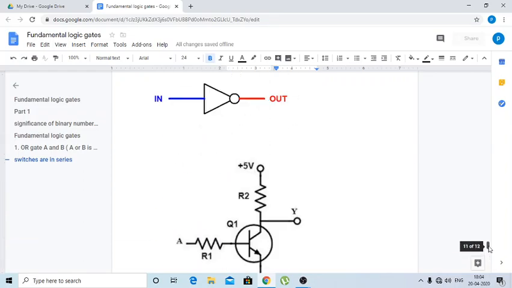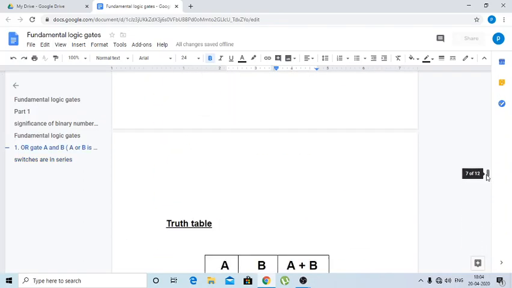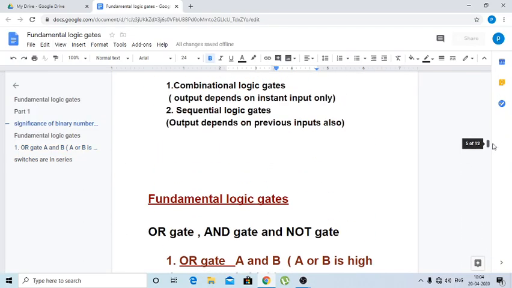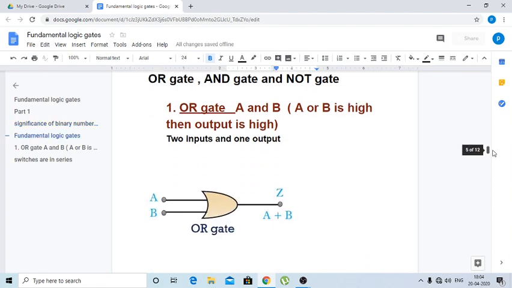So students, just have a recap of all the three gates. We have three fundamental logic gates: OR gate, AND gate, NOT gate. OR gate works when A or B is high, output is high. Any one of the switches may be high.